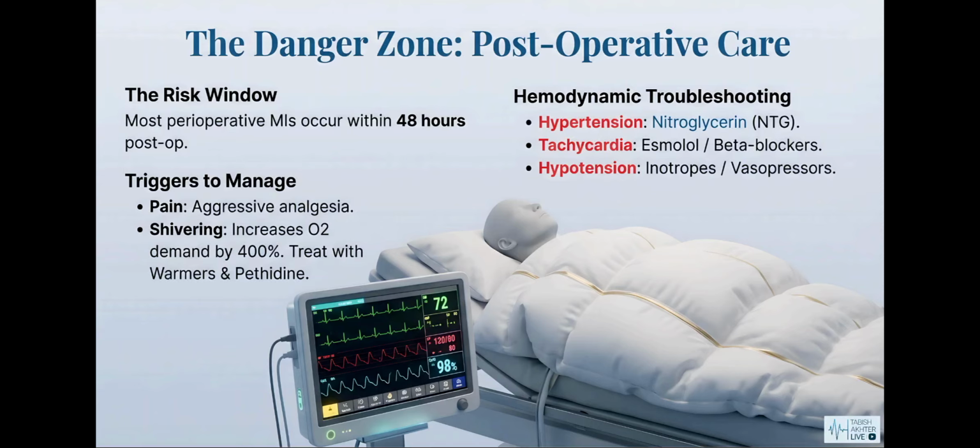So we'll provide adequate analgesia, aggressive analgesia, and we'll make sure that the patient does not shiver as it increases oxygen demand by 400%, and treat with warmers and pethidine. And for hemodynamic stability, we will use these drugs: for hypertension, NTG; tachycardia, esmolol, beta blockers; hypotension, we use inotropes and vasopressors.